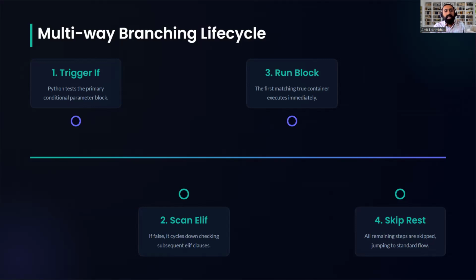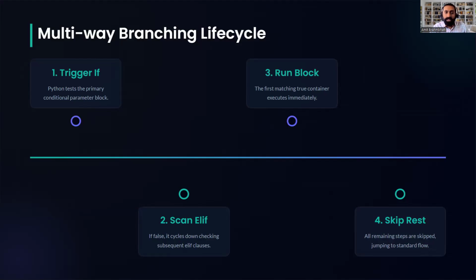For more complex scenarios where you have multiple possible outcomes, we use multi-way branching. The lifecycle works as a top-down evaluation pipeline. First, Python checks the primary if condition. If that is false, it scans down through any subsequent elif or else if clauses.